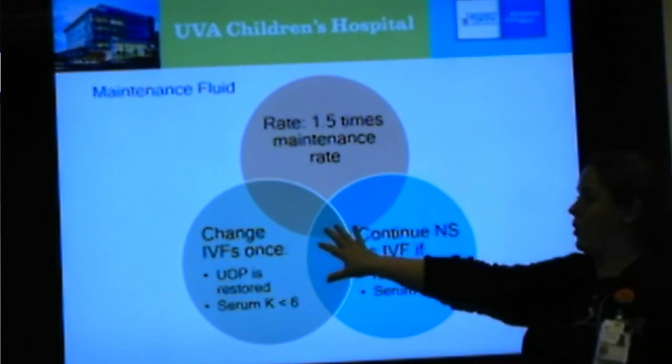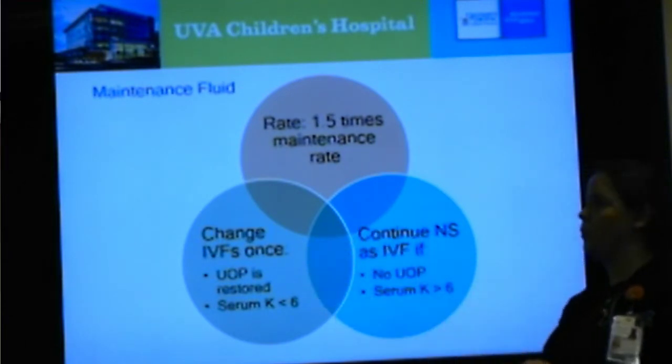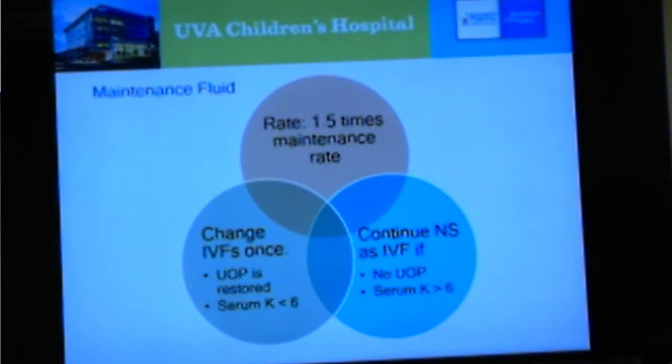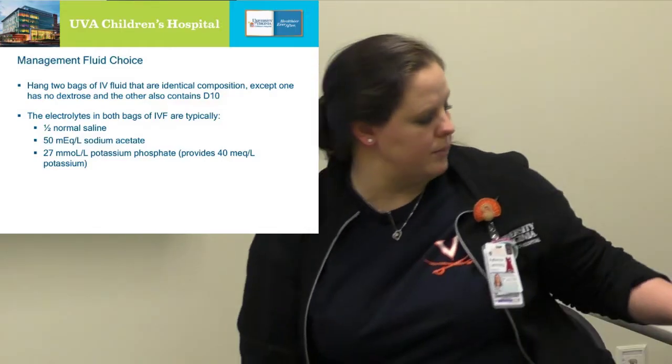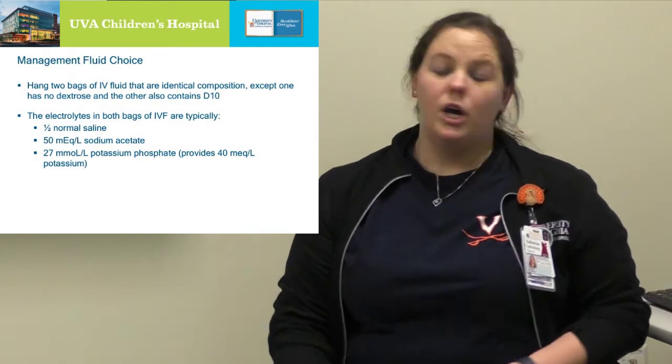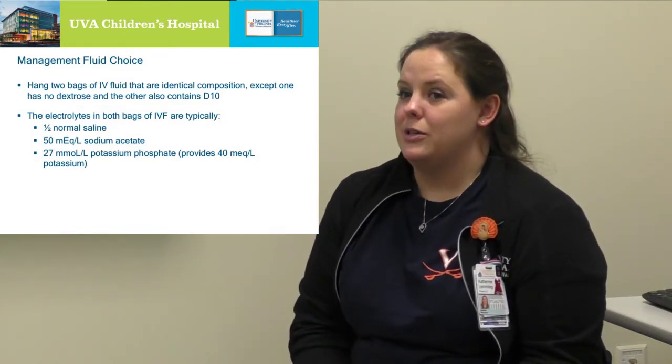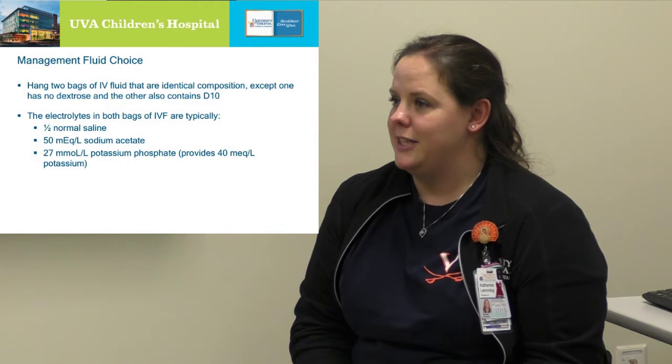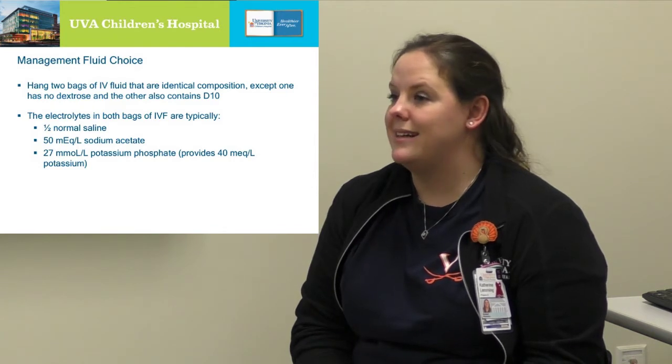You can change the IV fluids once the urine output has been restored and the serum potassium is less than 6. So then you may ask yourself, what fluids do you go to once switching off of normal saline? Here at UVA and most places that take care of pediatric patients, we have what's called the 2-bag system.